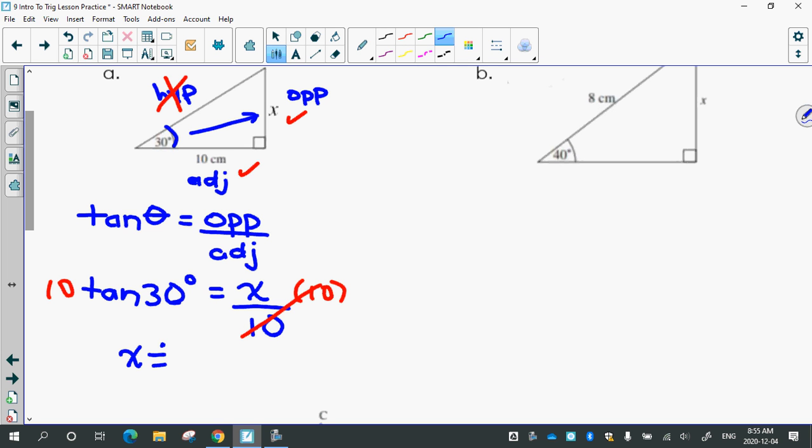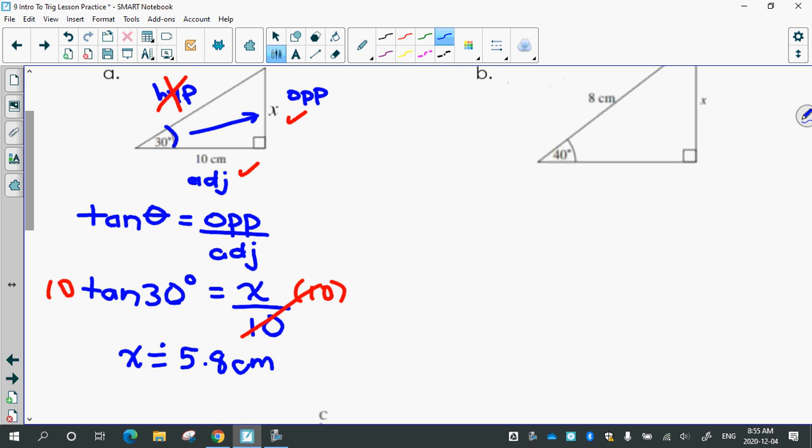Some people are going to go 10 times tan 30 equals, and some calculators go 10 times 30 tan equals. It depends on your calculator. But if you do it right, you should get your calculator to tell you to 1 decimal place 5.8, 5.77, you would round to 5.8. So approximately 5.8 centimeters.